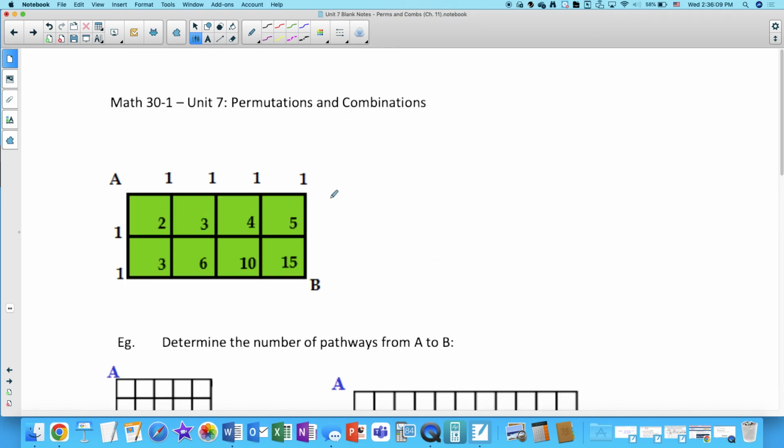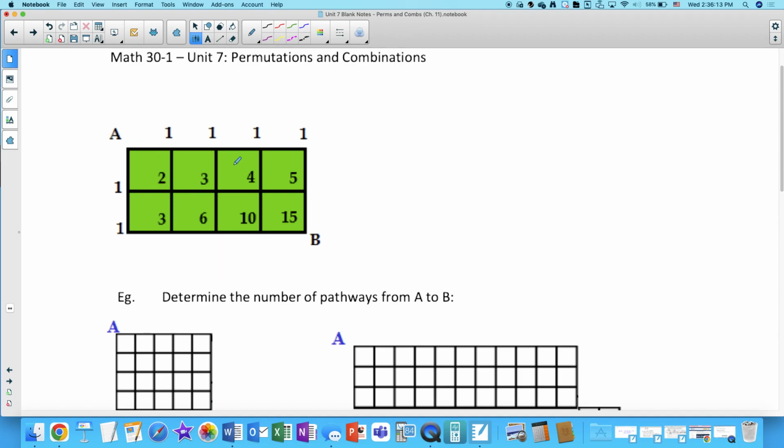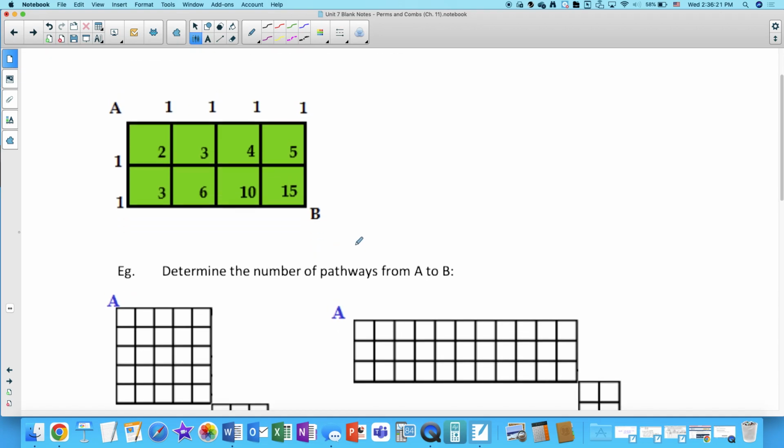So here's just another example. In this case, if you're going from A to B, you're going down 2 and right 4. There's two ways of thinking about it: we have the grid, so that's one way. If you want to think about it in terms of a permutation, you have to go 1, 2, 3, 4, 5, 6 blocks.